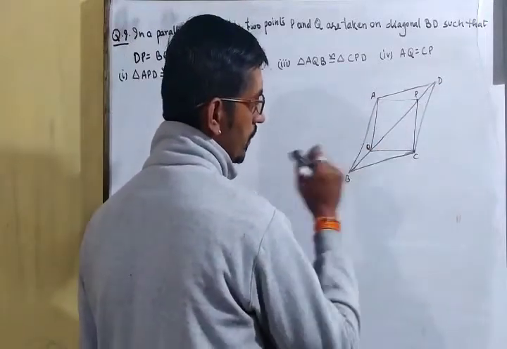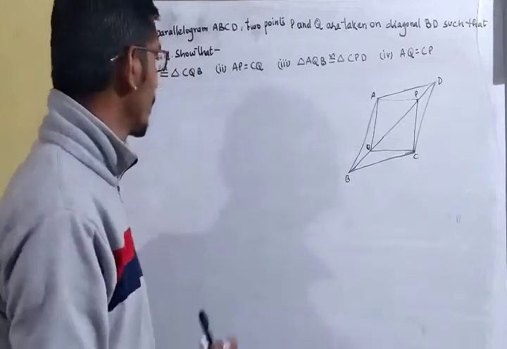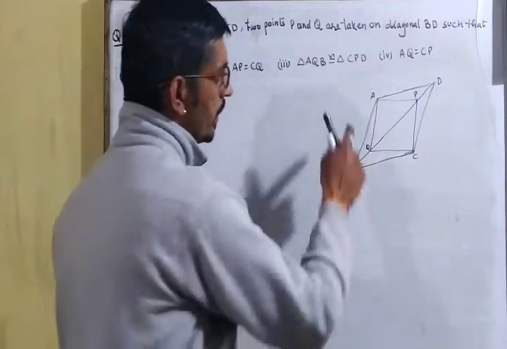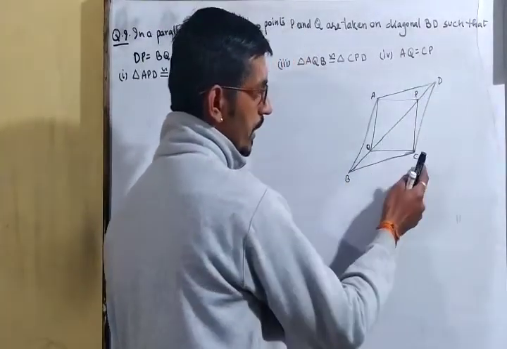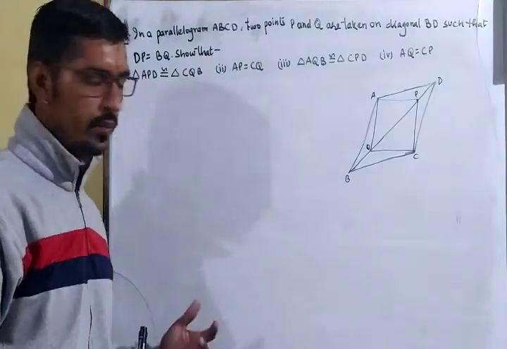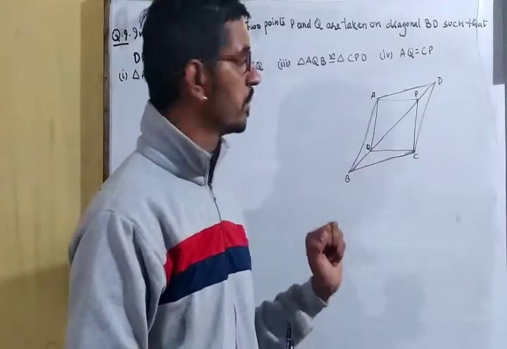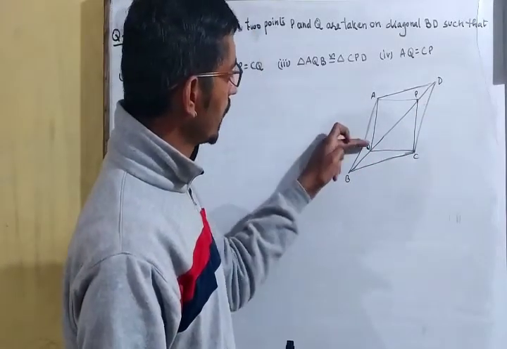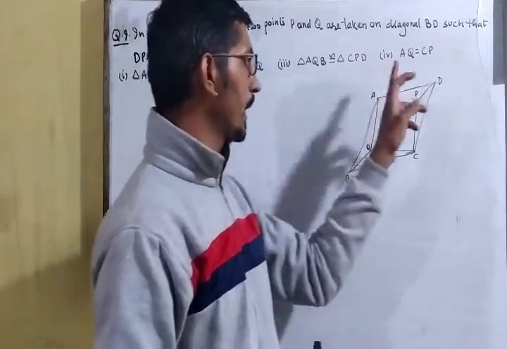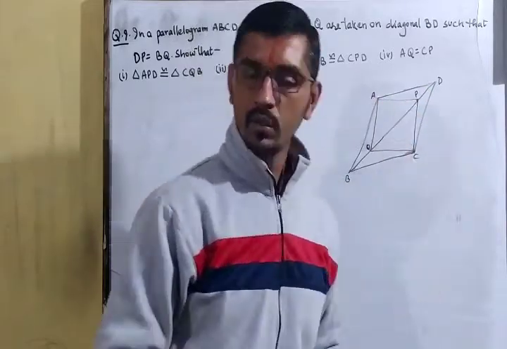This part is equal to this part. Now what we have to prove? Show that triangle APD is congruent to CQB. Second, AP equals CQ. Triangle AQB is congruent to CPD, and after that AQ equals CP.